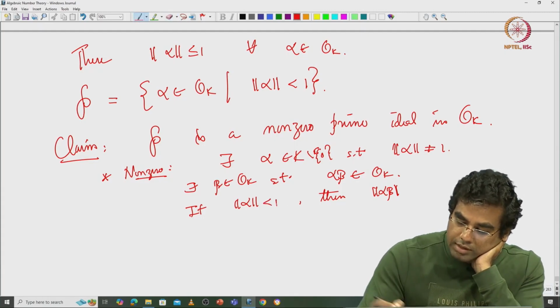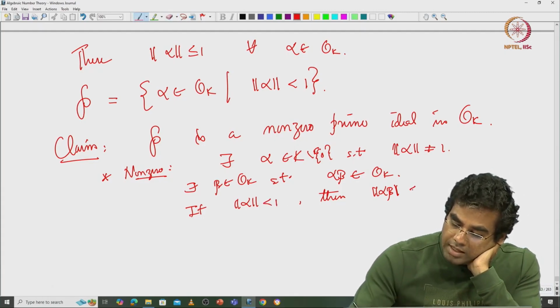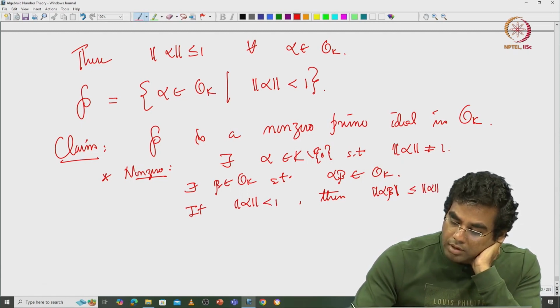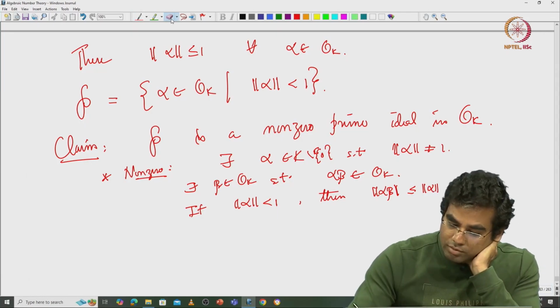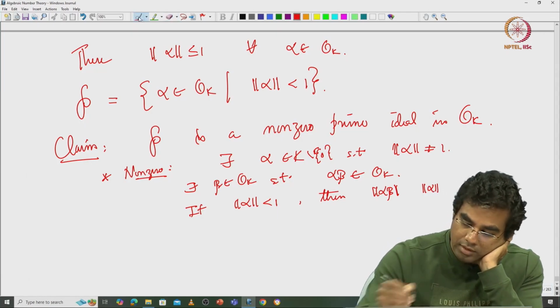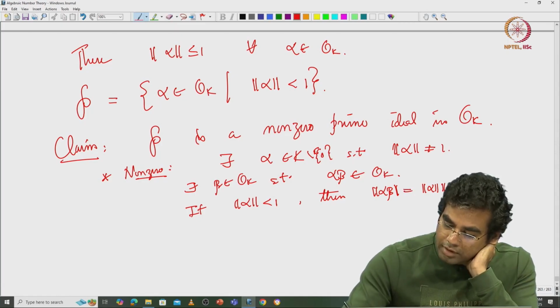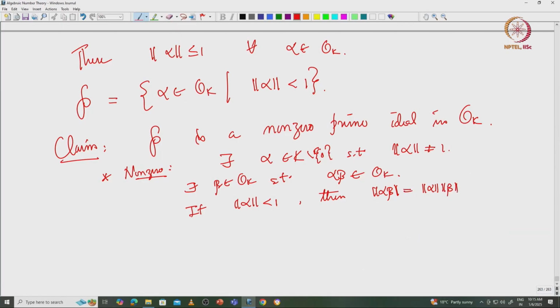Then this is equal to valuation of alpha times valuation of beta, but I know that valuation of beta is less than or equal to 1. So, this is at most valuation of alpha, which is less than 1. So, hence there exists alpha beta in OK such that valuation of alpha beta is less than 1.